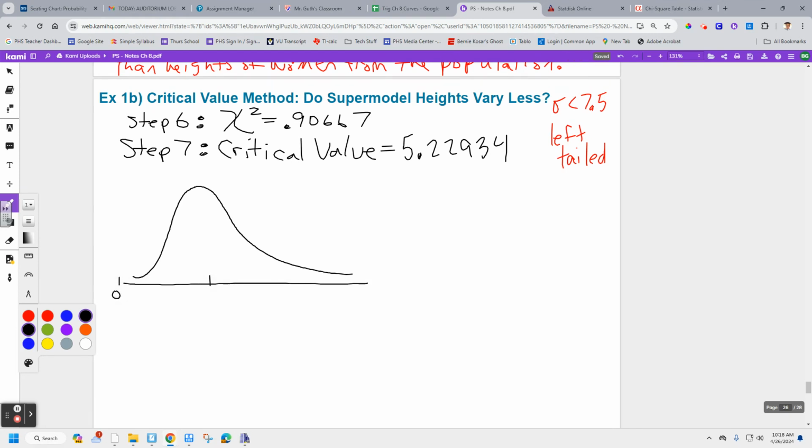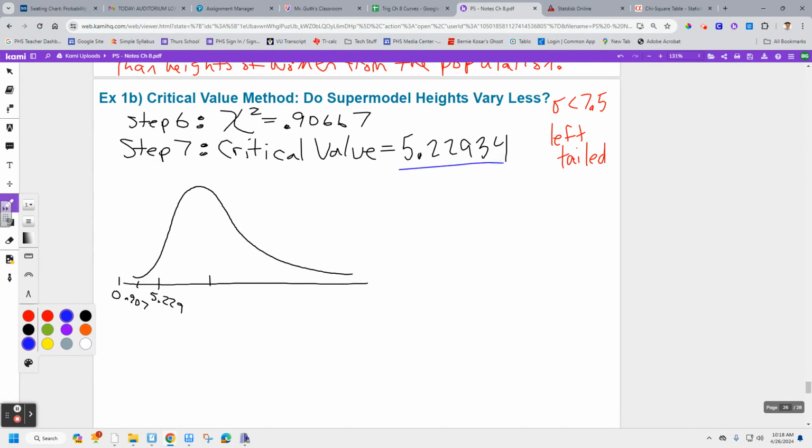which makes a difference, because if 0 is here, then 0.907 would be here, and 5.22 would be like here on that axis. So it's just set up a little bit different if 0 is not in the middle, like we've seen in some of them before.